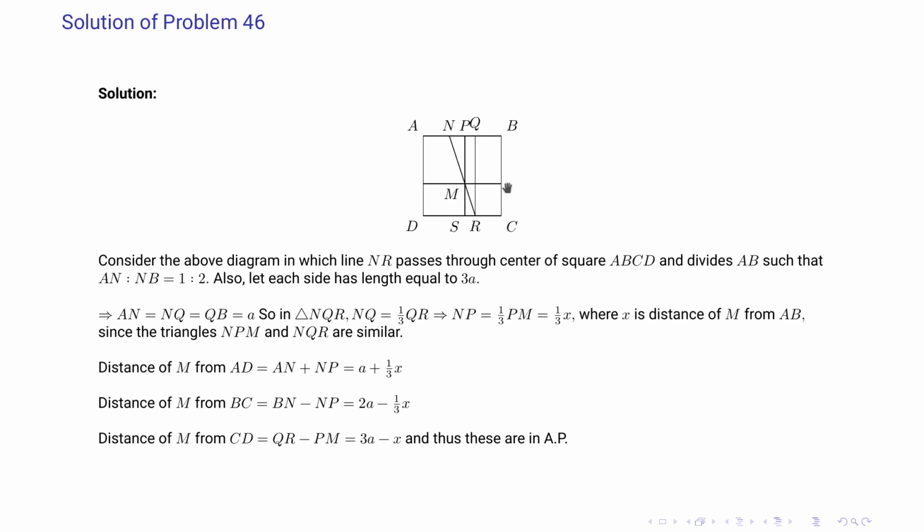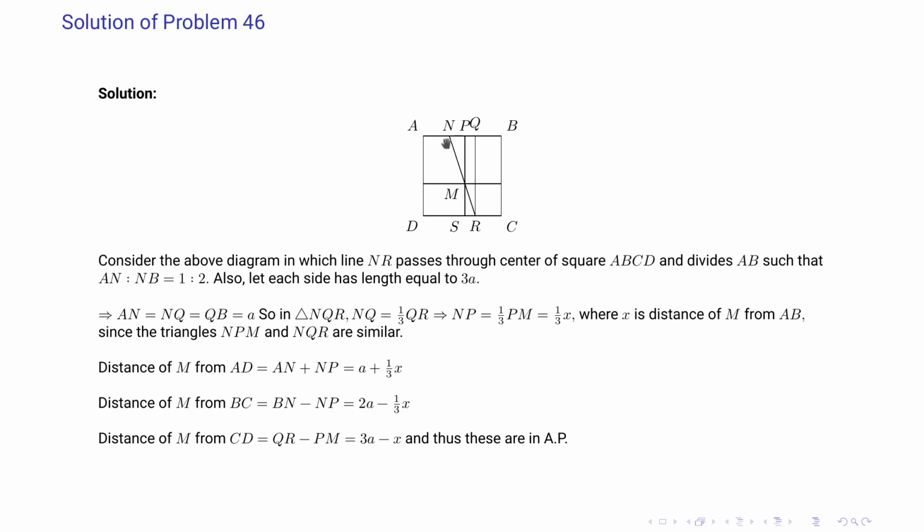Now we draw PS, we draw QR. So if you see, then you will find that AN is equal to NQ is equal to RC is equal to a, and QB will also be equal to a. The reason is that this is a, parallel to that QB is there, that is a, and this is a, that's why NQ will also be a.